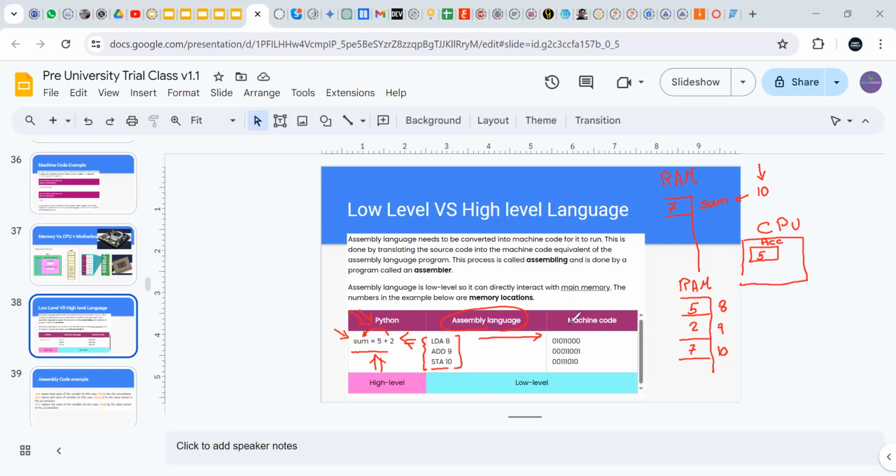It's like an electronic circuit inside, so it's only able to understand ones and zeros. It's binary, right? So this line of code, LDA 8, can translate to machine code one by one. One line of assembly language translates to one line of machine code.